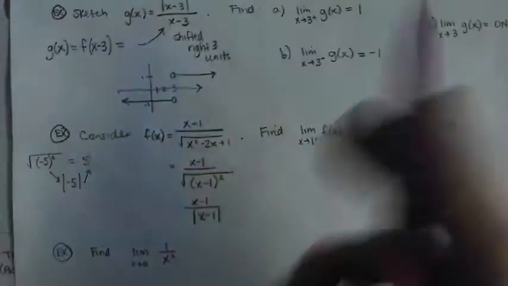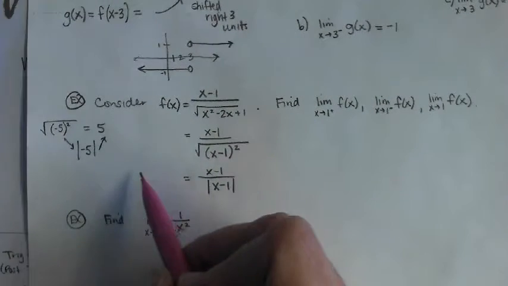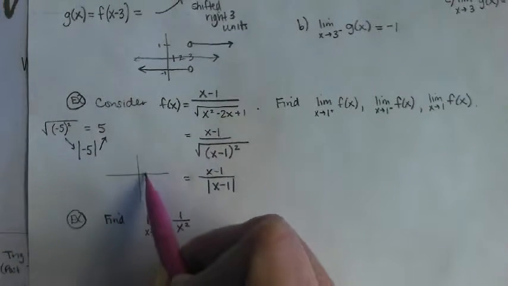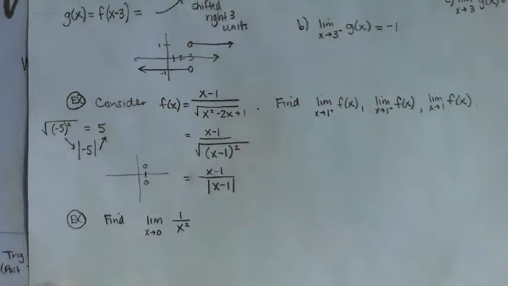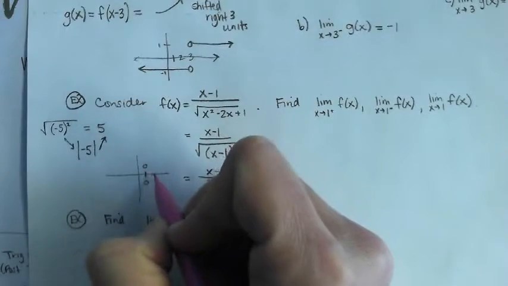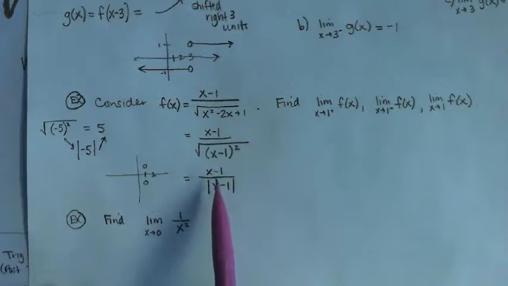Well, the one way to find out what effect that might have on it is to just quickly sketch a graph. Obviously, at 1, there's a breaking point. What happens at 2? If you plugged in a 2 to this.